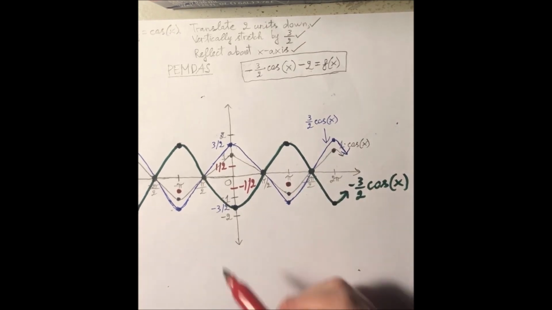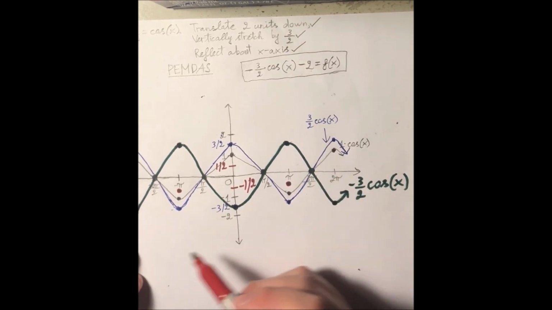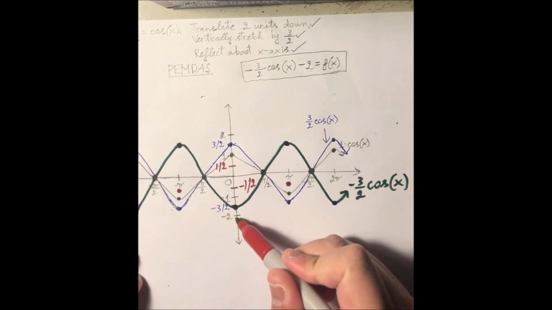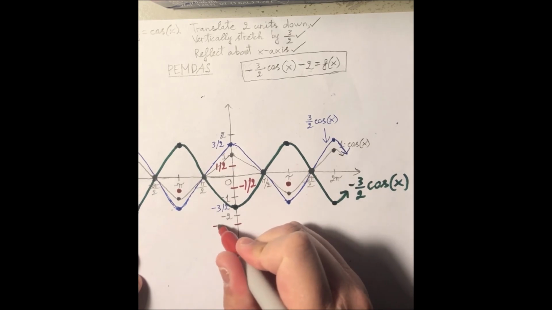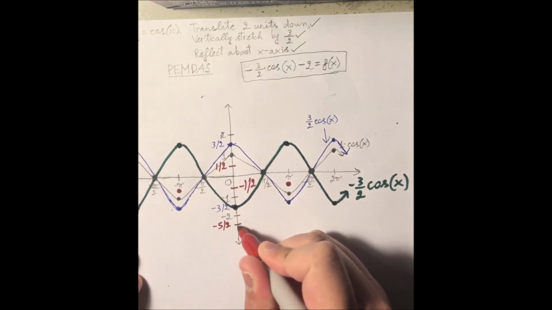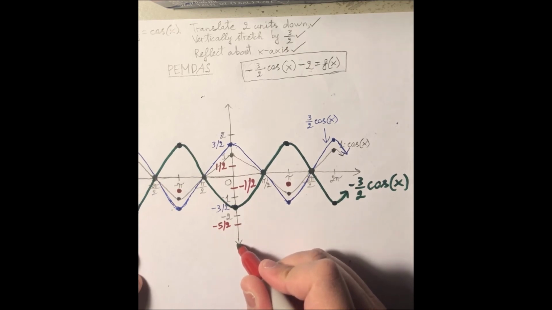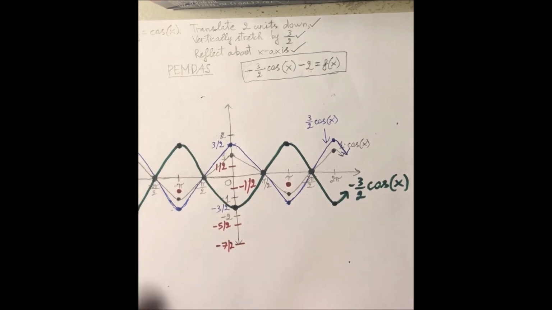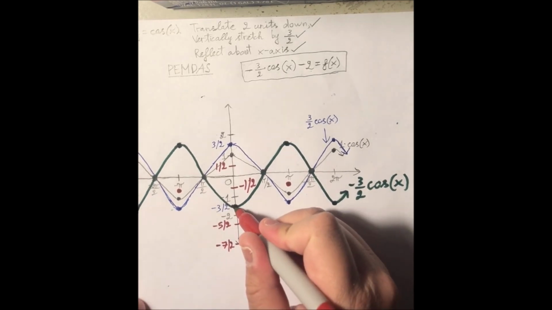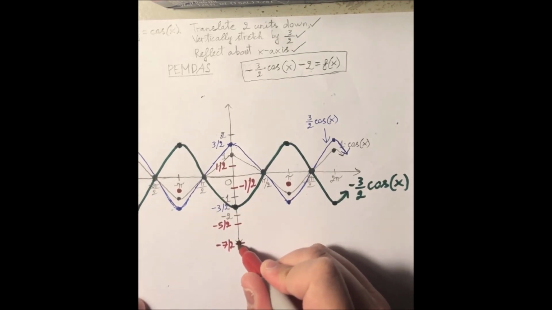For the lowest points, let's say this one, if we move down once, we're going to end up at negative 5/2. If we move down once more, we're going to end up at negative 7/2. Right? So this lowest point will end up right here.